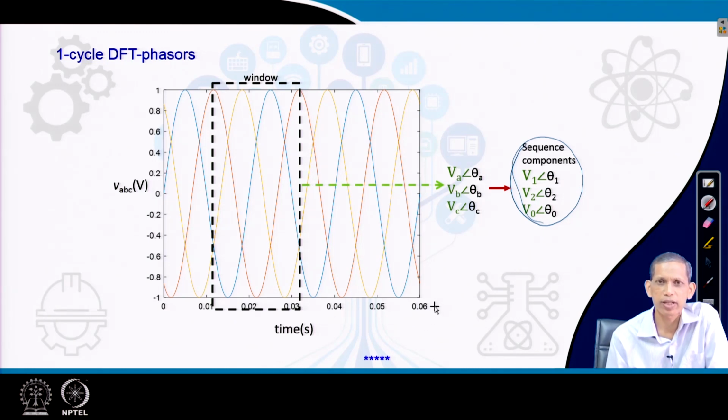In the next class we will see how other variants of the one cycle DFT algorithm can also be used for phasor estimation in a better way for the relay decision making process. Thank you.